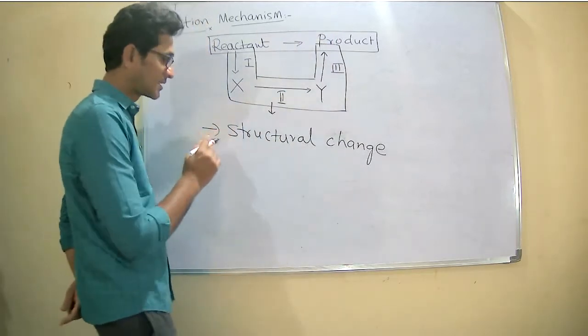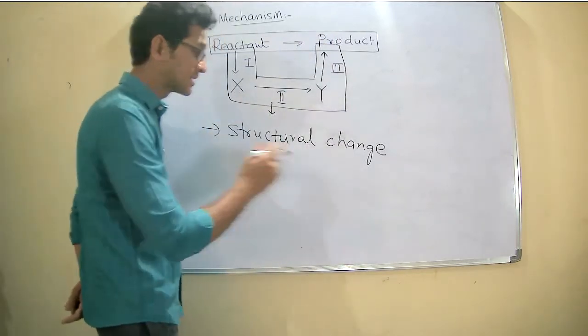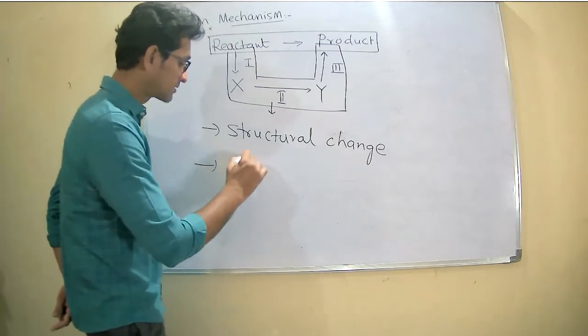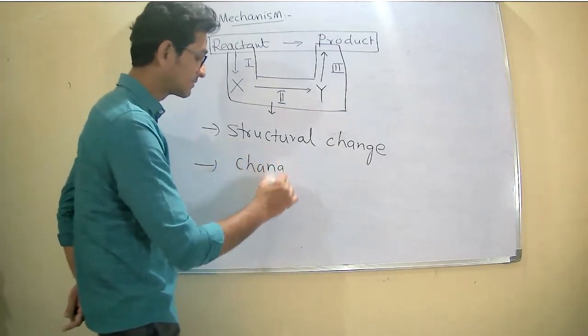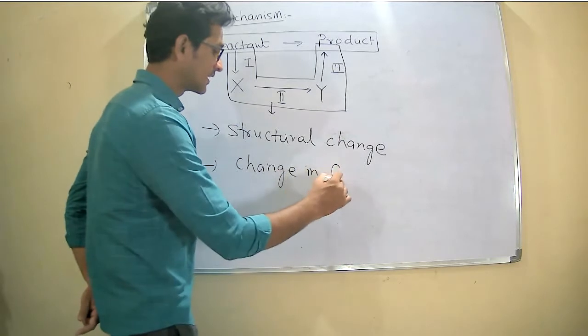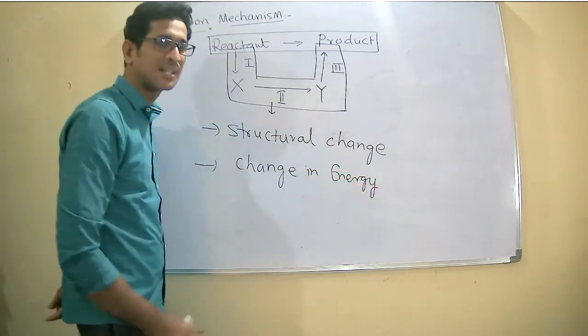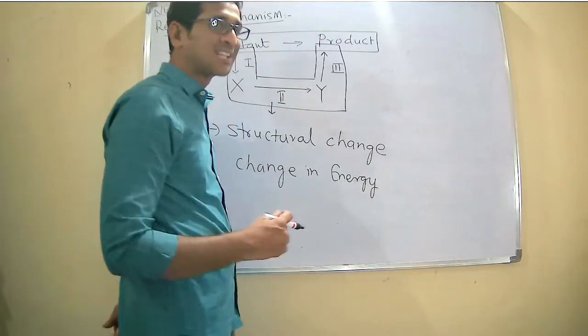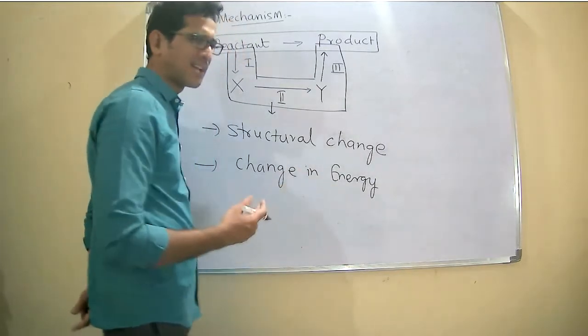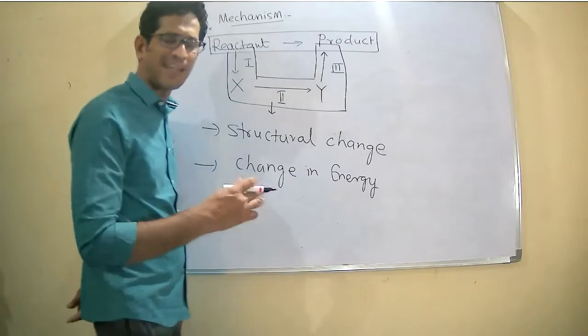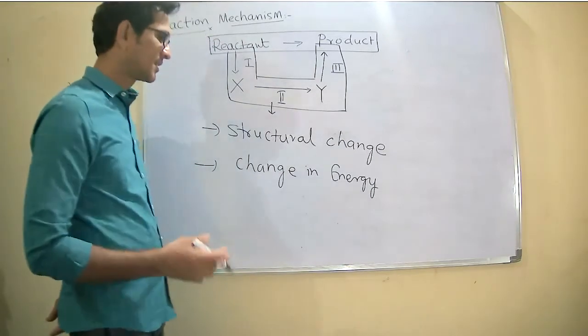So it not only deals with the structural change, but also deals with the change in energy, that is in terms of thermodynamic parameters like Gibbs free energy, enthalpy, like that.